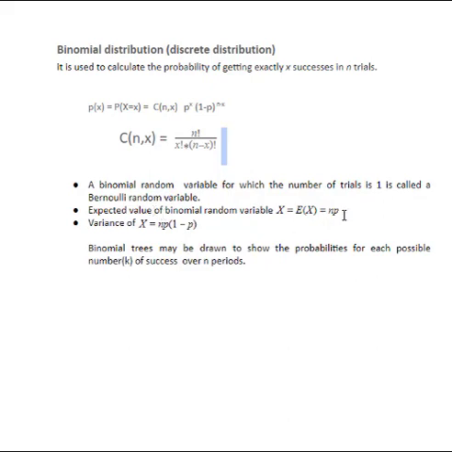We did talk about expected value; it's kind of an average value when we perform the experiment multiple times. So this is the expected value this distribution will have, and the way to calculate it is very simple: n multiplied by p. Variance is n p (1 minus p).